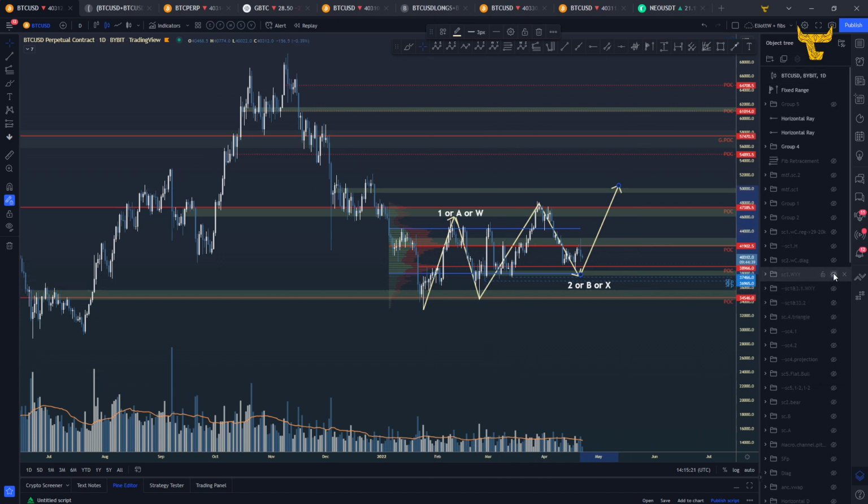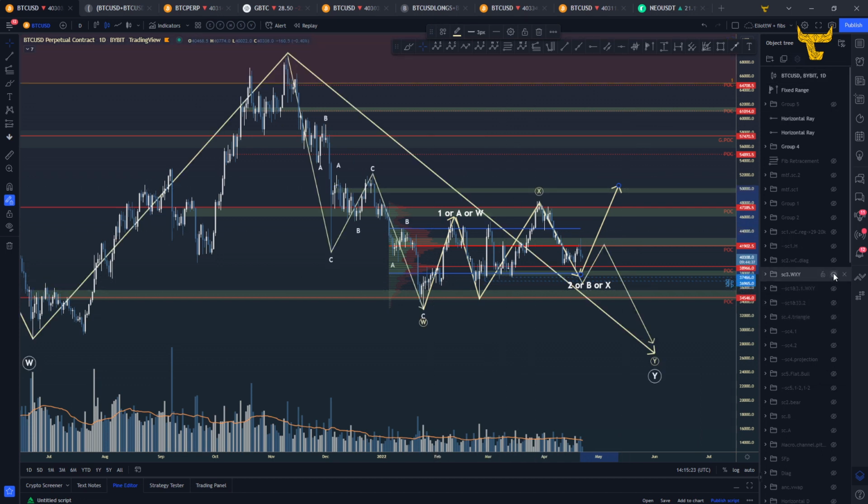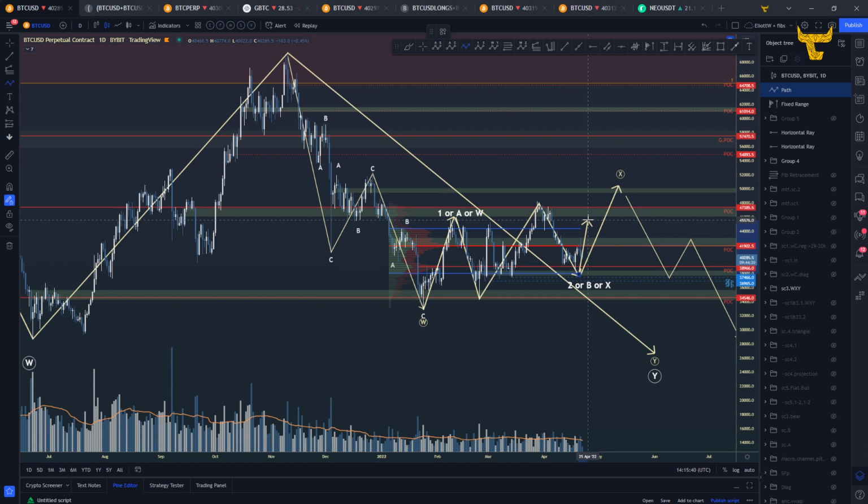It would work for, you know, the WXY here. It would mean that the wave X is not finished yet. I have an A, B, C, for example, or WXY. The difference between the two being this will be either a zigzag, 5 waves if it is a C, or a zigzag if it is a WXY.